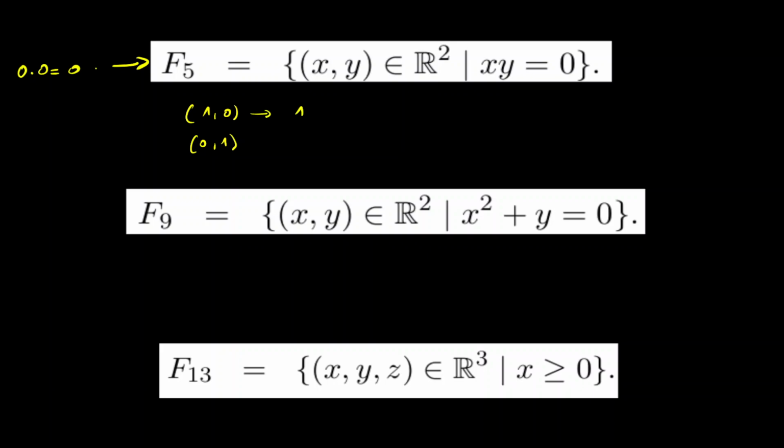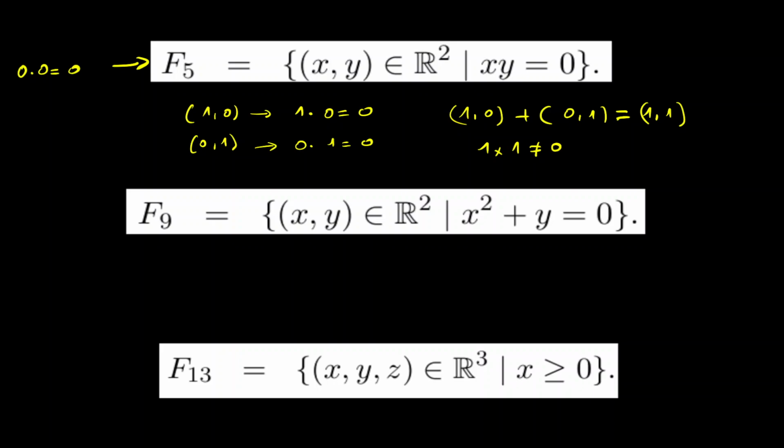The two vectors satisfy the equation, but if we add them, we get the vector 1, 1. But for this new vector, 1 times 1 is not equal to 0. Then the sum is not in F5, so F5 is not closed under addition.